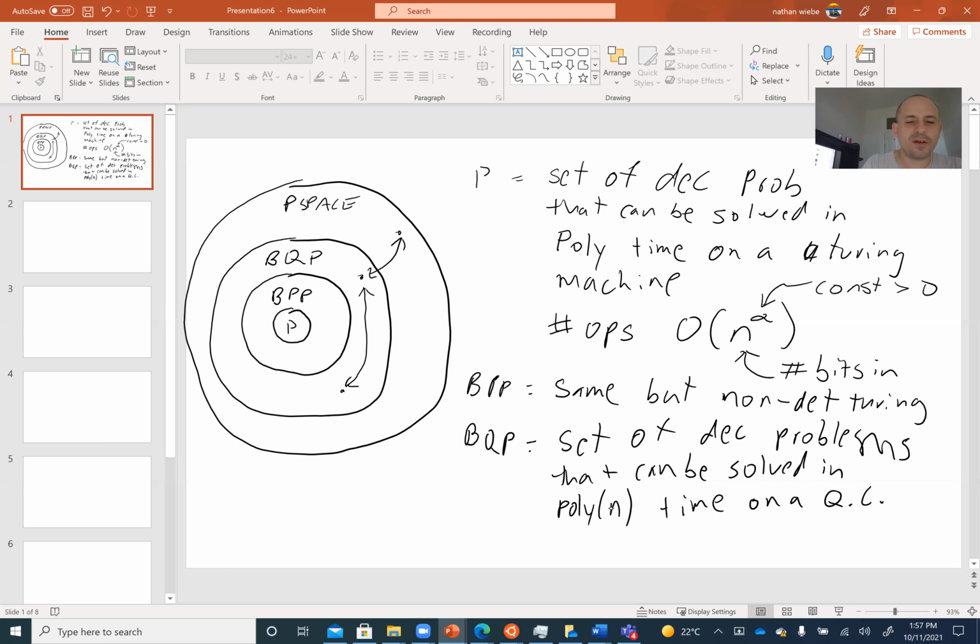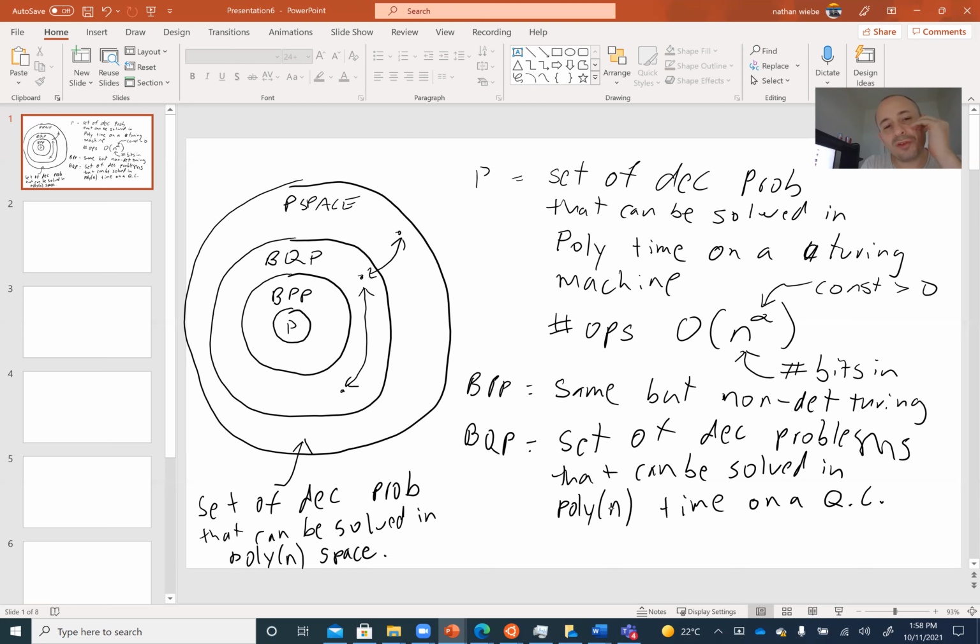Okay, and the final set of problems that we have here are the set of decision problems that can be solved in poly n space. Now, interestingly enough, this class over here is the only class inside this hierarchy that I've drawn here that is explicitly quantum.